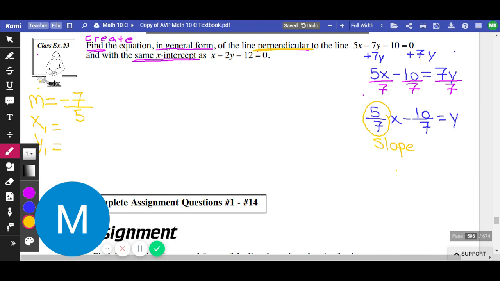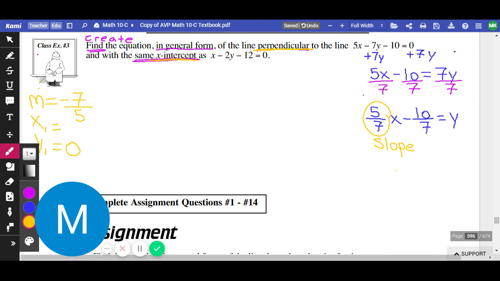When we talk about x-intercepts, what do we know about x-intercepts? They all have something in common. Some people are saying that. They all have y values of 0. So I actually know what my y1 is going to be. It's going to be 0.